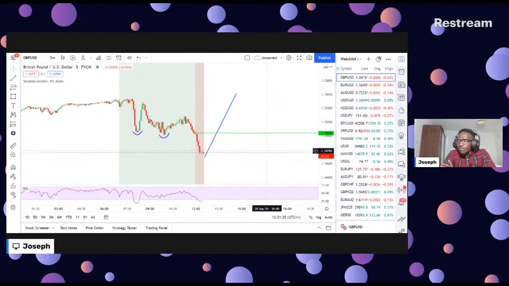The aim of trading this strategy is to not have huge drawdown, and not to have a huge losing day that you can't recover from, because losses are going to happen, guys.